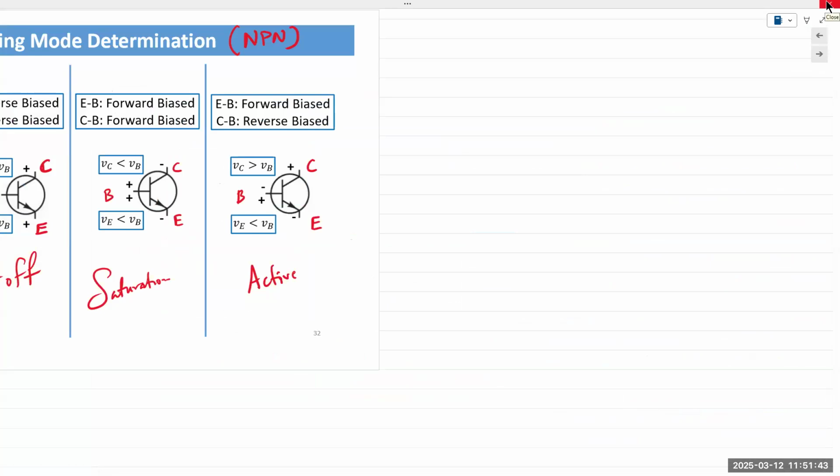As I stated a few minutes ago, if it's forward active mode, the base emitter junction is forward bias, so VBE is 0.7. If you want to analyze a circuit, the first thing you want to check is, what is the value of VBE?